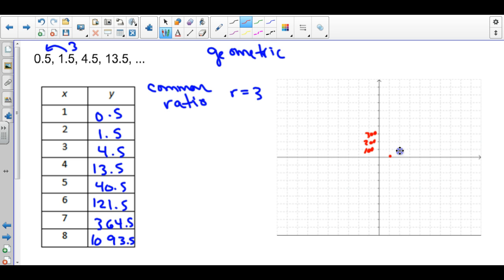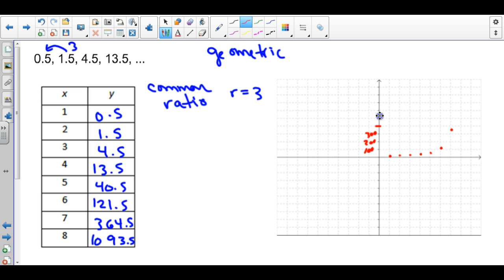So my second term is at 1.5, so these numbers are going to slowly increase until you get to your 5th term is close to half, because 40 is almost at 50, and then I get to my x value of 6, which brings me a little bit above 100 at 120. My 7th value is at 364, so that's going to be up here somewhere. And then my last value, my 8th term, is all the way above 1,000.